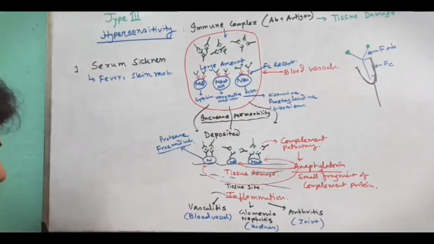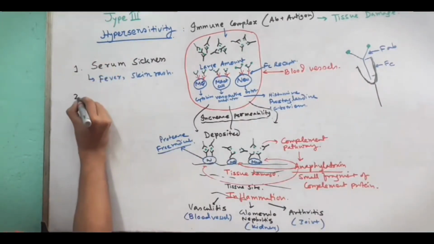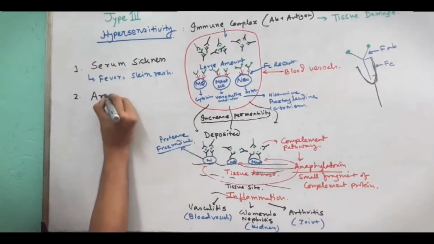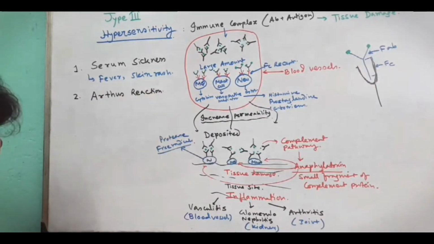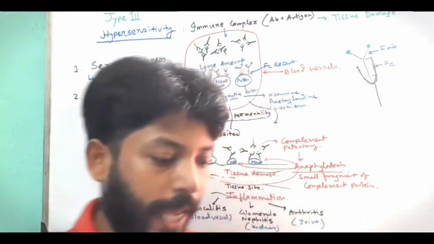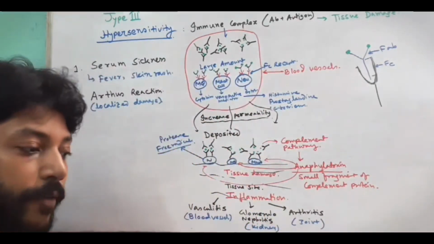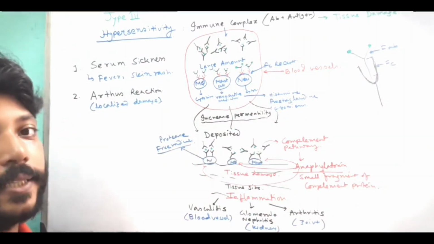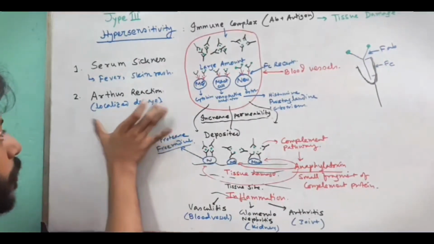The second example of this type 3 hypersensitivity is Arthus reaction. This is actually localized damage. If anyone is injected intradermally with any antigen, and if that individual has antibody against that antigen, then it could be an Arthus reaction.